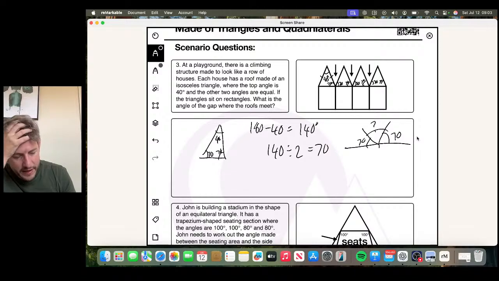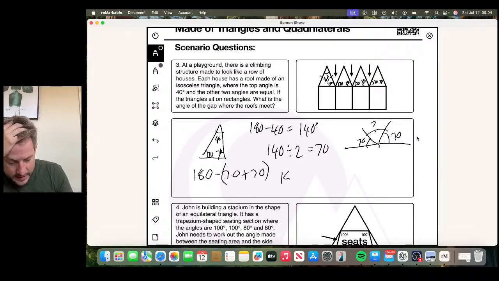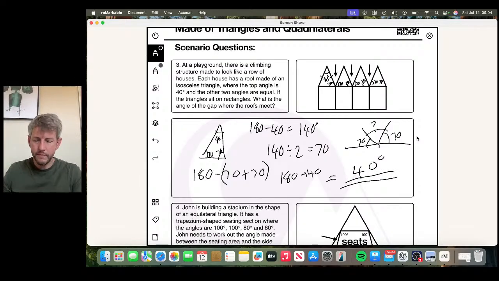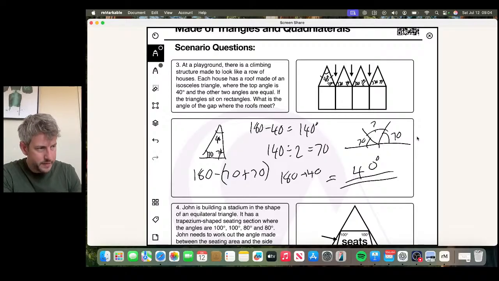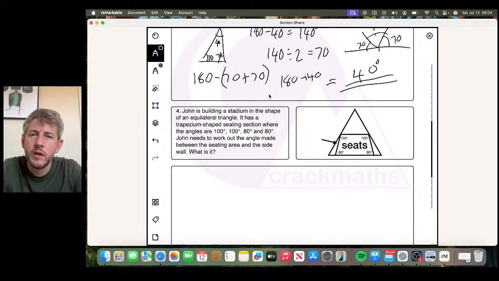Three angles on a straight line: 180 take away 70 plus 70, so that's 180 take away 140, which is 40. So the missing angle will be 40 degrees. That looks a little bit like 400, so I'm going to change that. Yeah, 40 degrees.